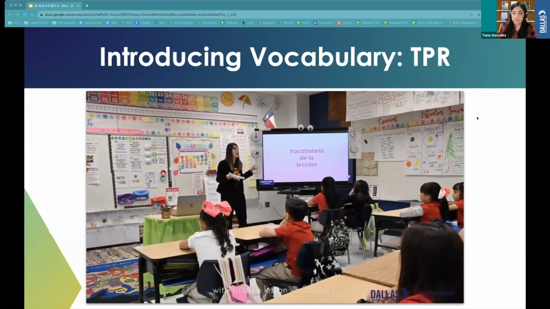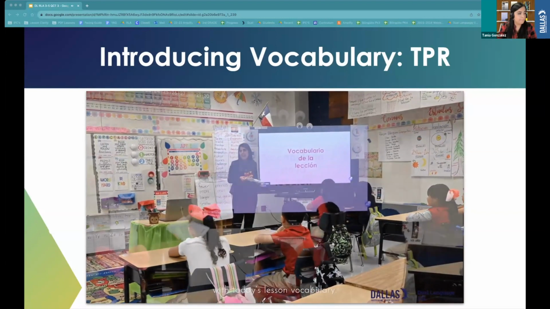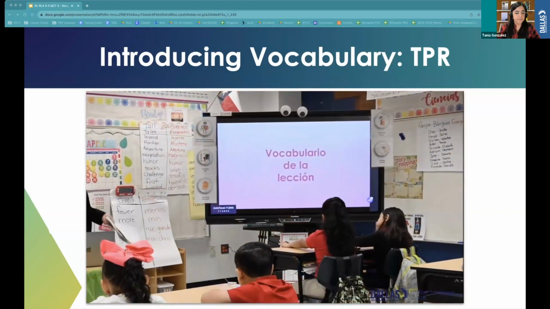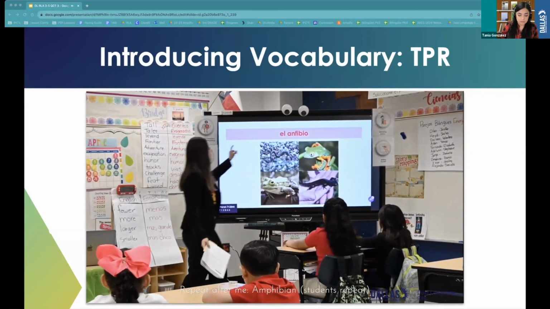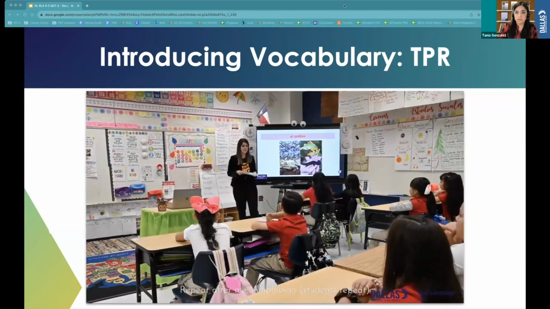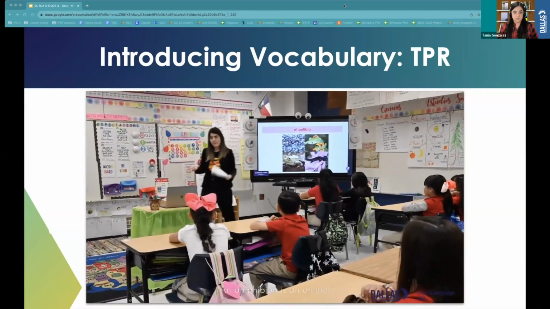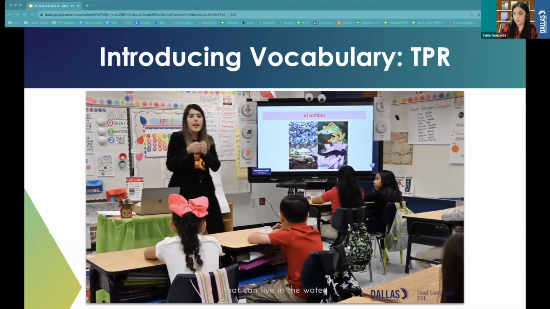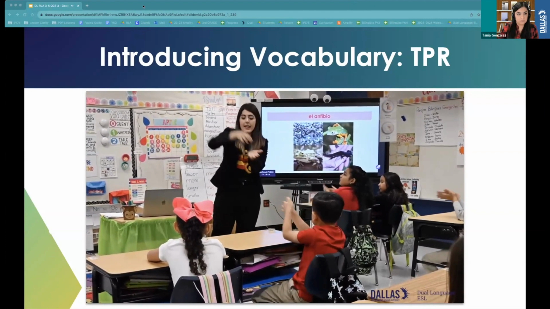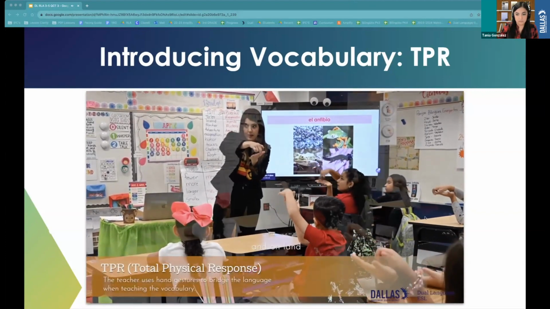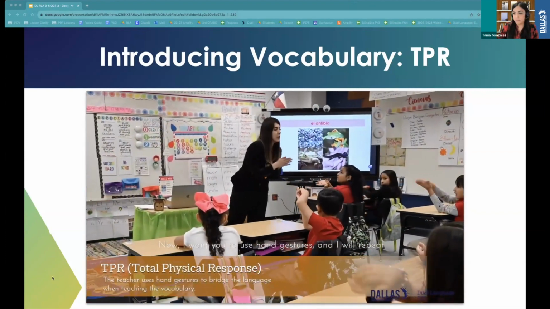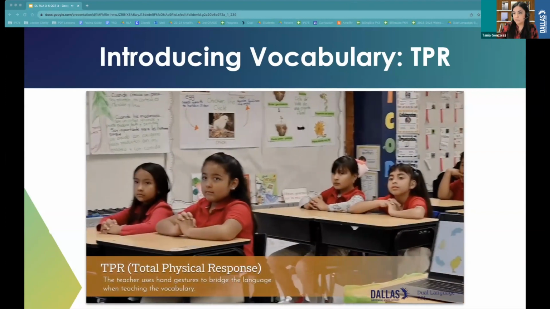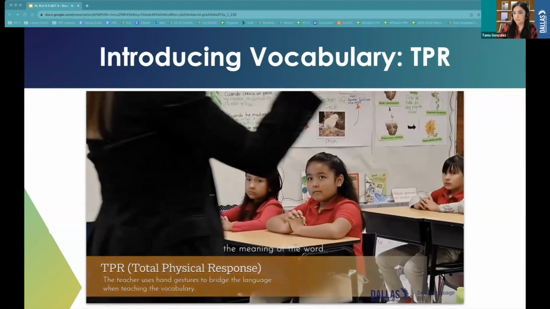Vamos a utilizar evidencia textual para apoyar una respuesta, evaluar detalles para determinar lo más importante. Vamos a mezclar sílabas. Un anfibio es un animal que puede vivir en el agua y en la tierra. Quiero que ahora ustedes usen sus manos y yo voy a repetir el significado de la palabra anfibio.